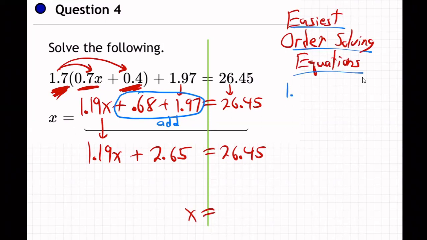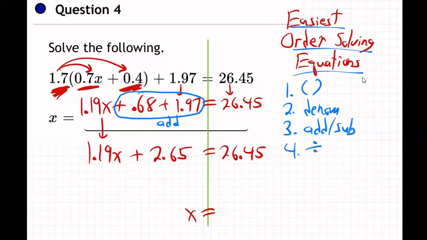So step number one is going to be parentheses, denominators, do any adding, subtracting, and then divide by the number next to x. So again, that's just the easiest.